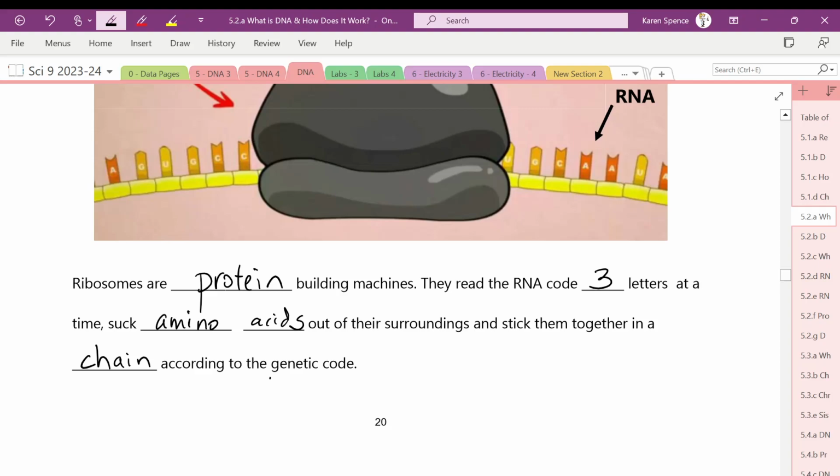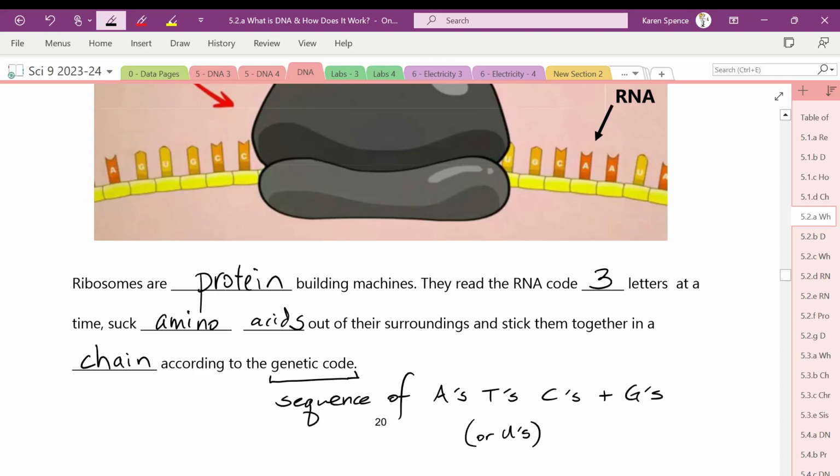And the genetic code is the sequence of A's, T's, or U's in this case, C's, and G's. For those of you who want to know the true names, adenines, thymines, cytosines, and guanines.